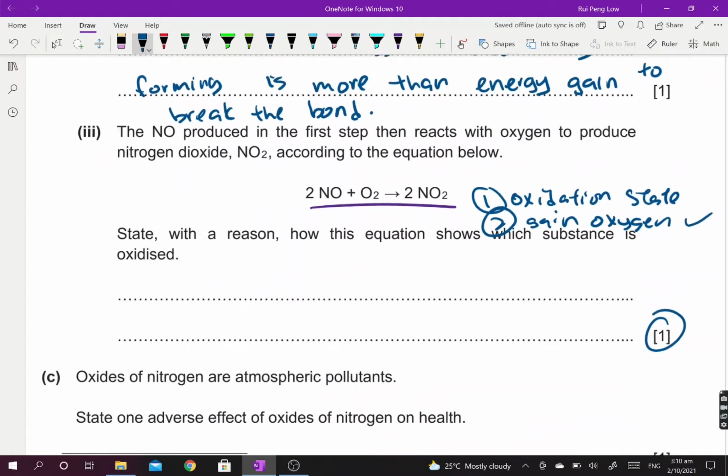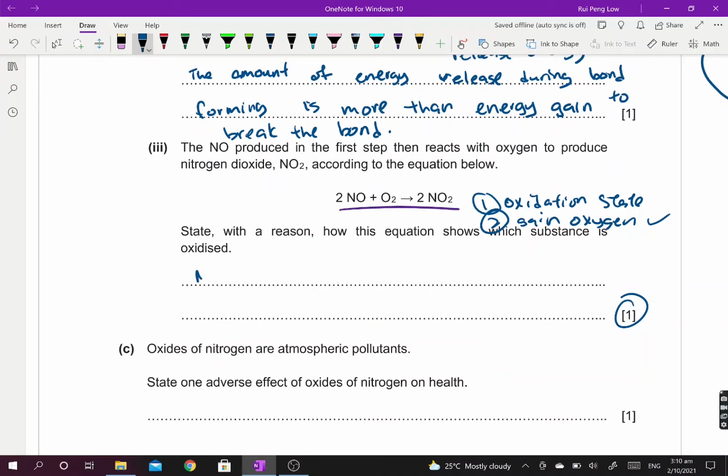So state with reason. We will say that nitrogen is being oxidized because it gains oxygen. Okay, now some of you may ask me, how come sometimes your teacher mark you wrong when you use this as a reason, and sometimes you get this correct? It's because in this question they did not specify which method you need to use.